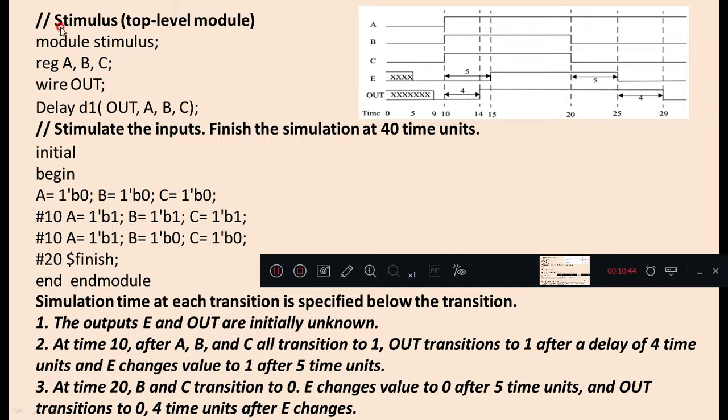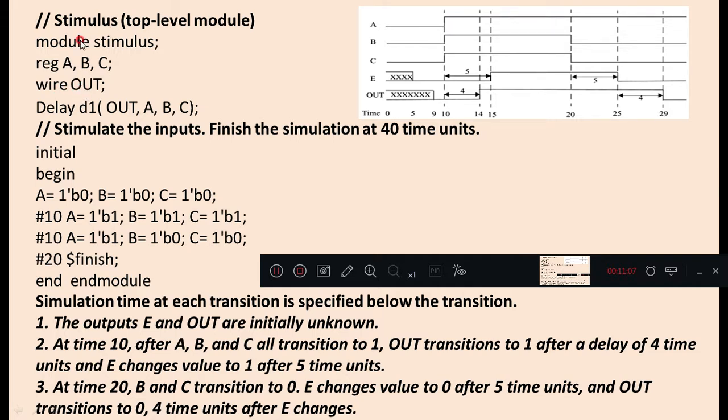If you consider a stimulus top level model, stimulus we are writing. So delay is our module name, delay D1, out, A, B, C. So this acts as a component for your top level block stimulus. Inputs A, B, C we have defined as register, output we have defined as wire.